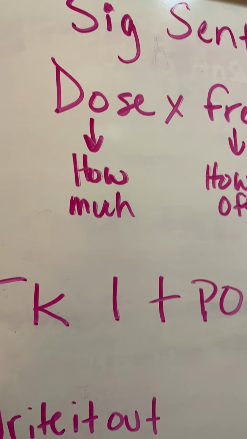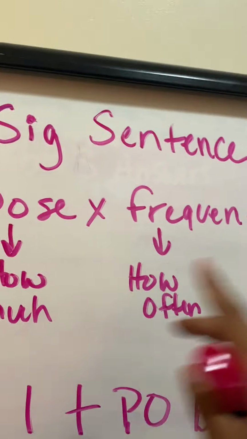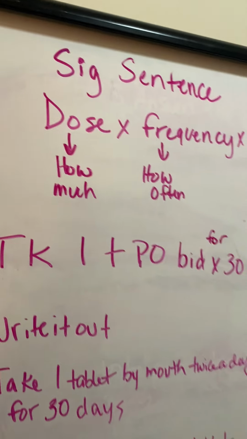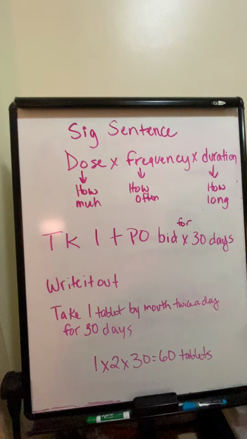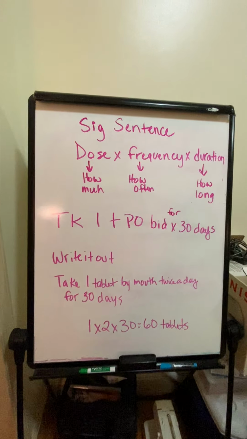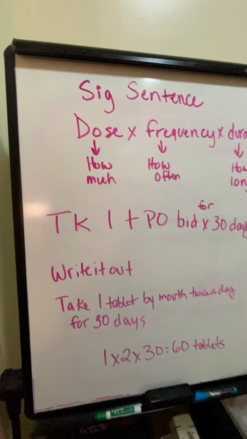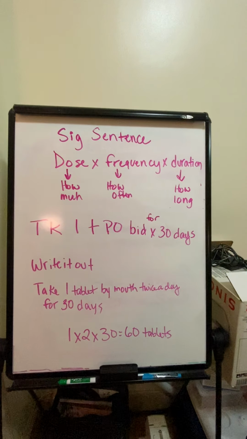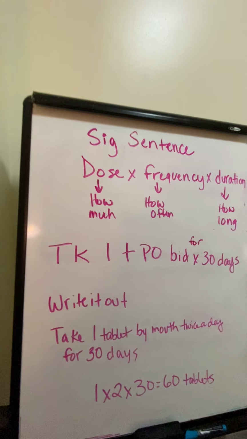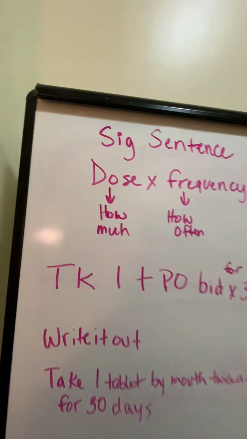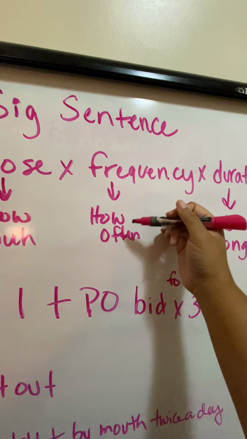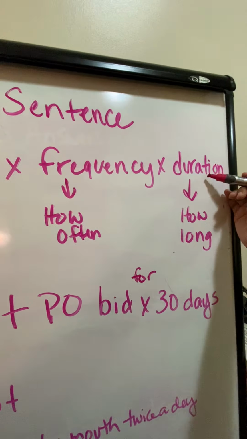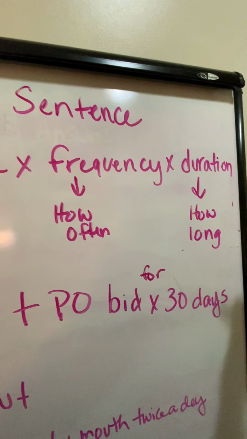Mostly all SIG sentences will come in this format, and it requires us to be able to describe to them how many pills they need to be taken for the duration of their time. So what is a dose? A dose is how much of something that you need, okay? What is a frequency? A frequency is how often it is occurring. And what is a duration? A duration is for how long it's occurring.